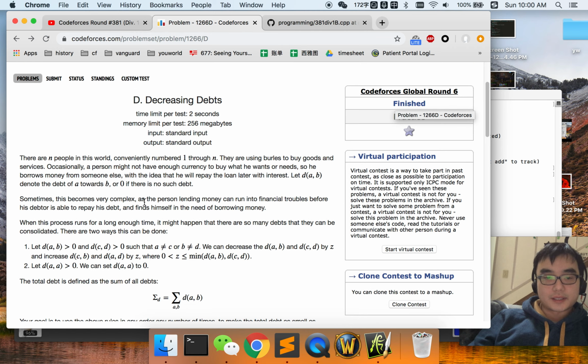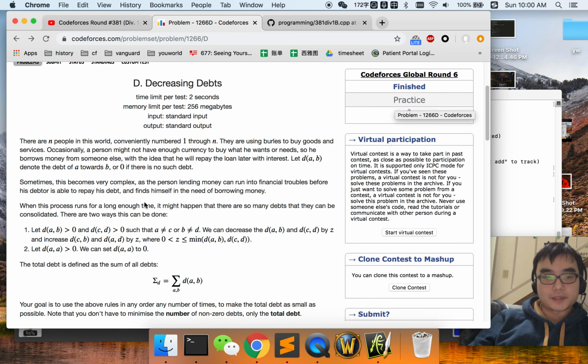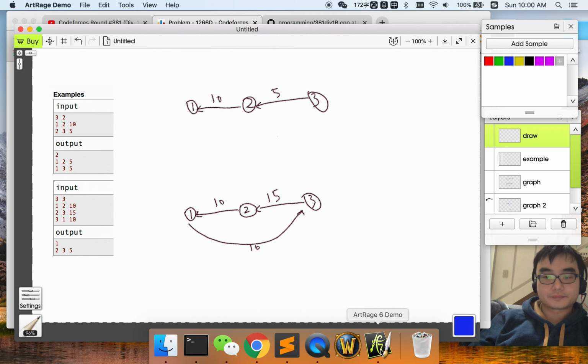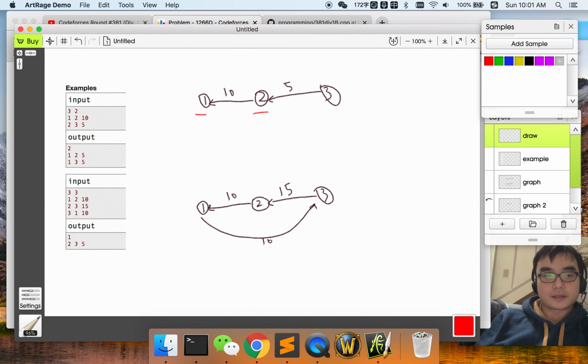As always, we introduce this problem by explaining the examples, alright? So what we have here is 3. 3 is the number of people in the graph, 1, 2, 3. And 2 is the number of edges in the graph.